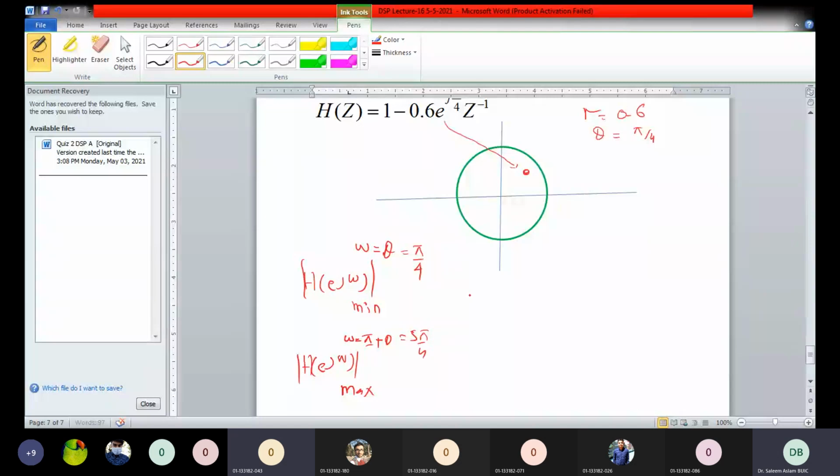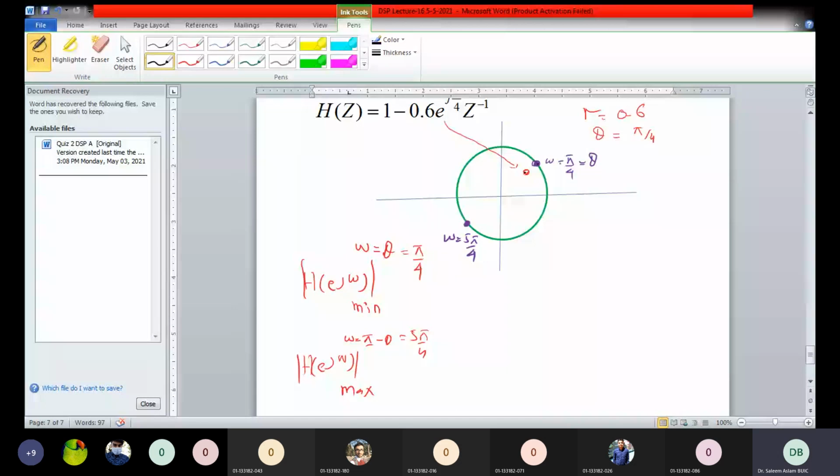So roughly, what will be the minimum value? You just need to draw the vector from the location of the zero to the point. The minimum value comes at this frequency. Let me draw it with purple. Omega is equal to pi by 4 because it is equal to theta, and the maximum value would be at this point, omega equal to 5 pi by 4. So the minimum value would be R1. Let me draw R1.